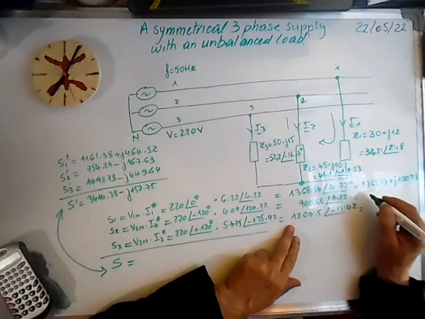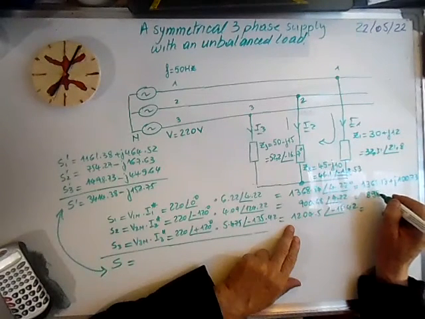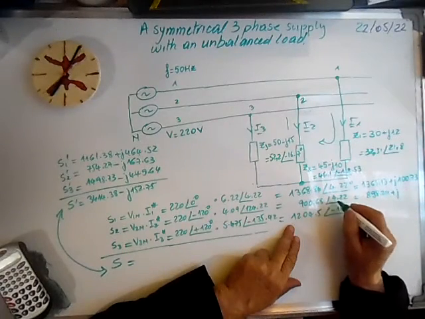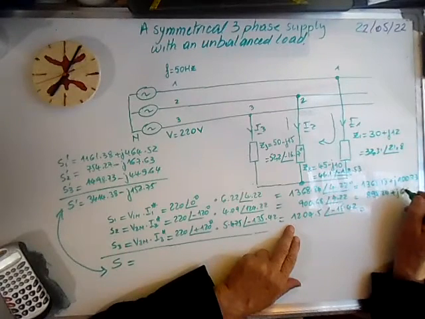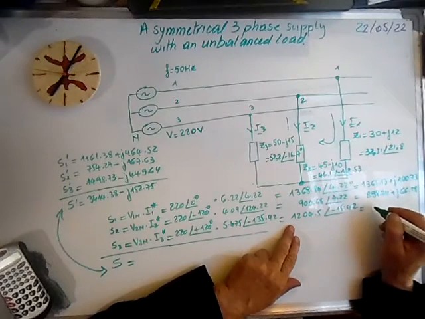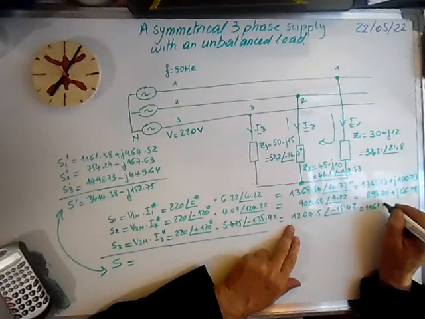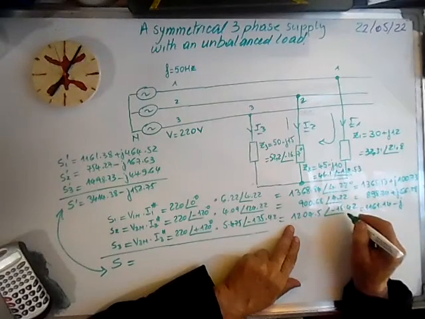This times cosine this will give us 898.24 plus j sine of 4.22 times this will give us 66.28, and this times cosine this will give us 1161.14, and the reactive power is negative.